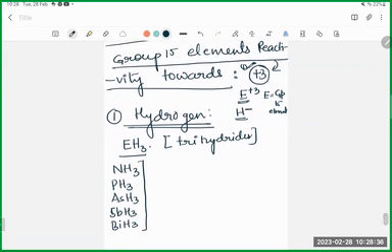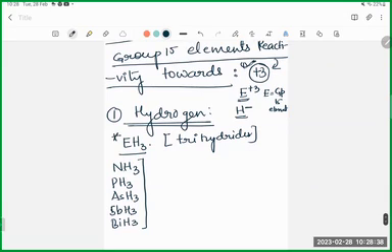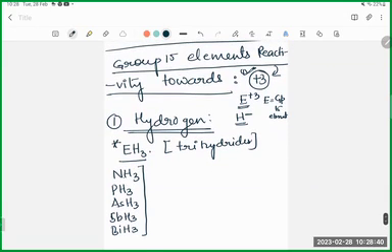Now, variation: how does it vary? It decreases or increases depending on the bond dissociation energy. When we talk about stability, which is more stable among ammonia and bismuth hydride? We say ammonia is highly stable. Why is it highly stable?